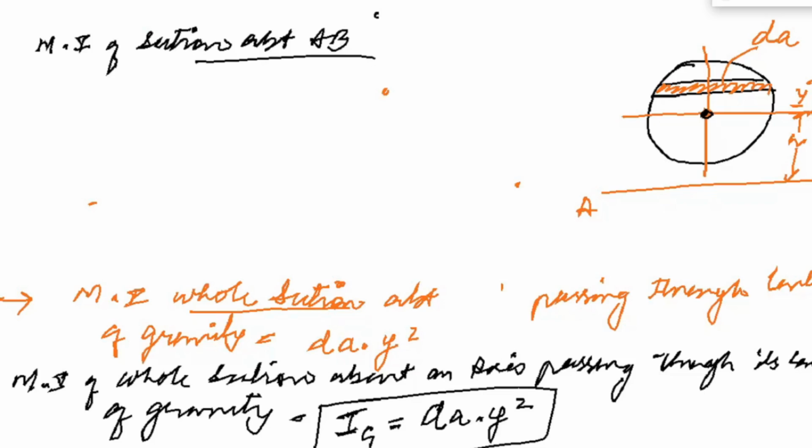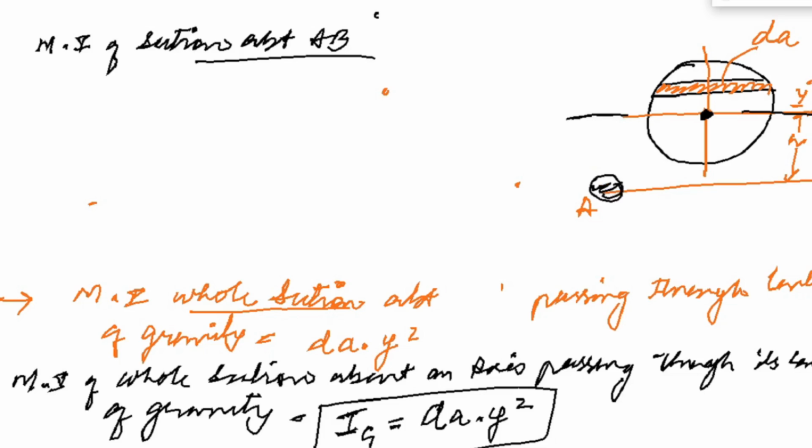That can be any axis, that can be any line. Now, initially, what we got? We got moment of inertia of this section about the axis passing through the center of gravity, which was this axis, right? Now we want to add this axis.